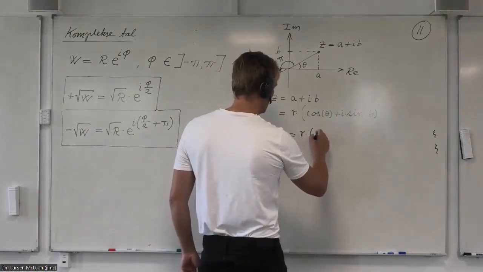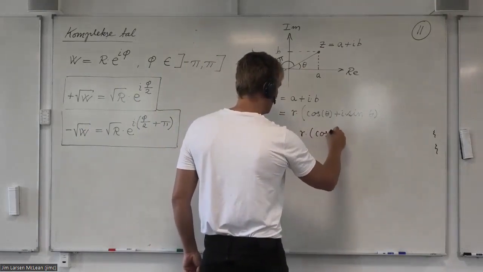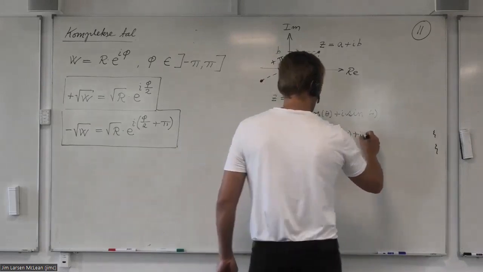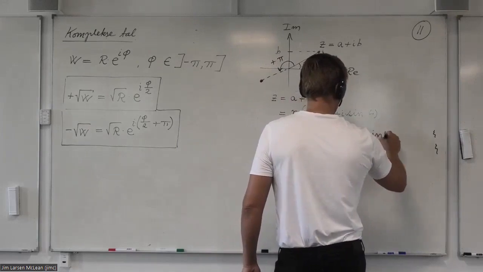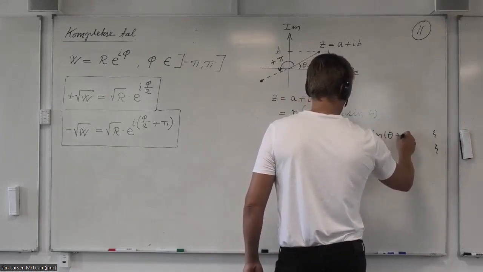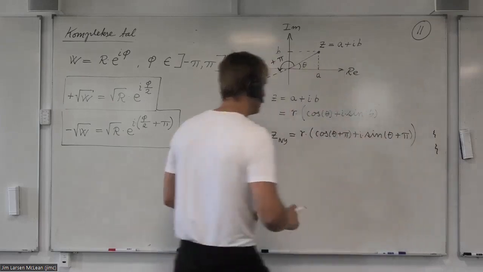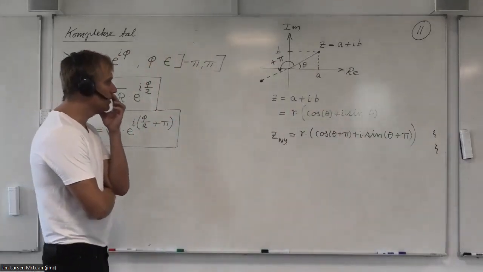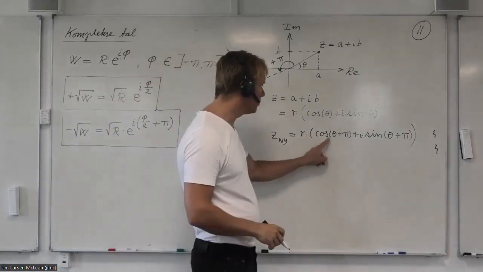So I just say r times cosine of theta plus pi plus i times sine of theta plus pi. So what do we get if we add pi to the cosine of that angle?